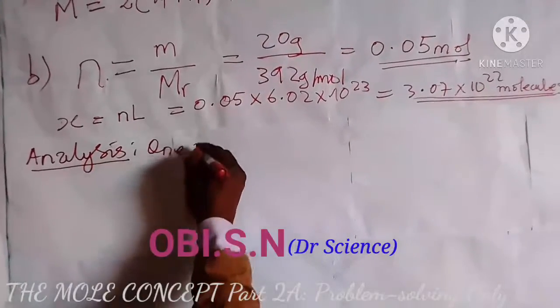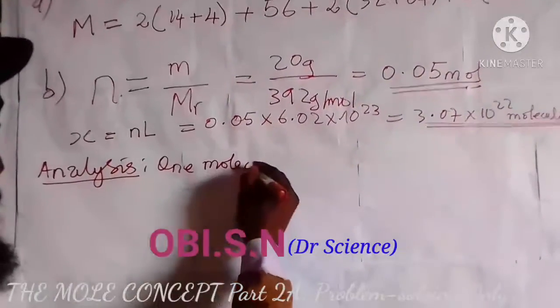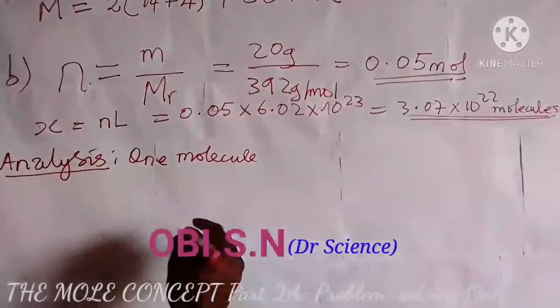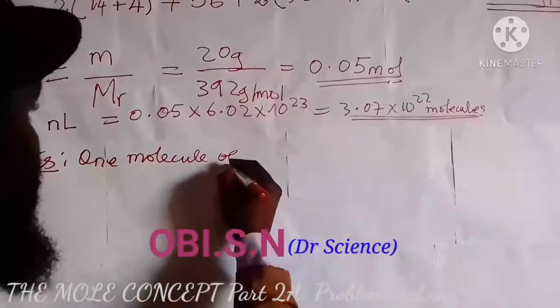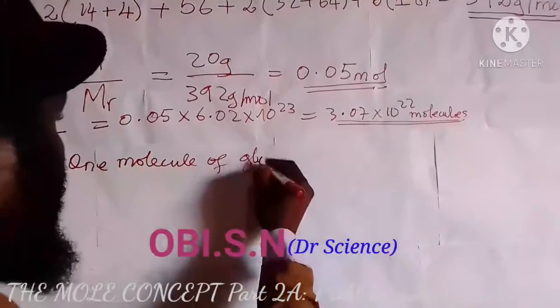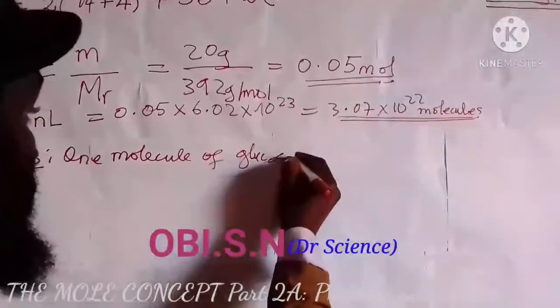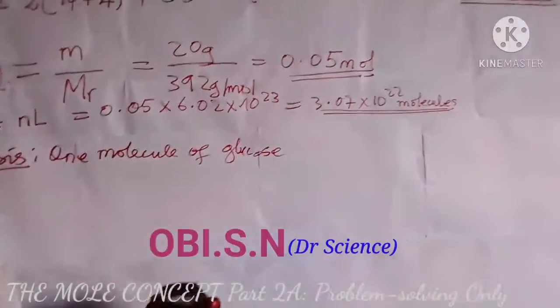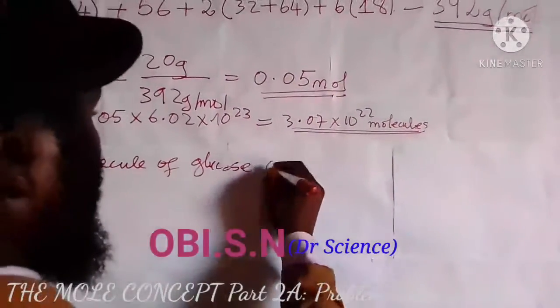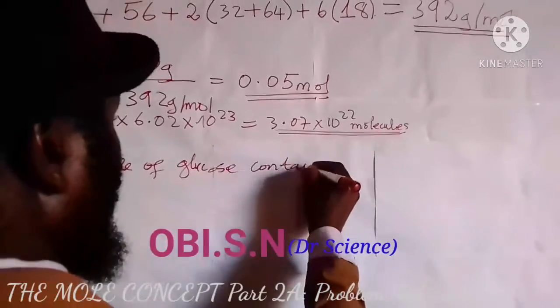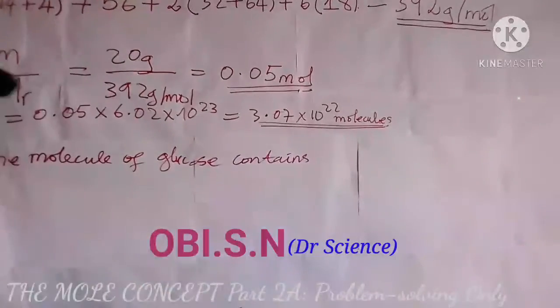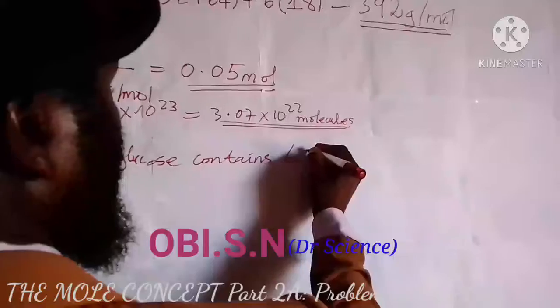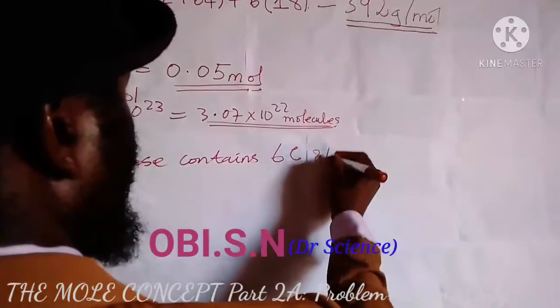One molecule of glucose contains 6 carbon atoms.